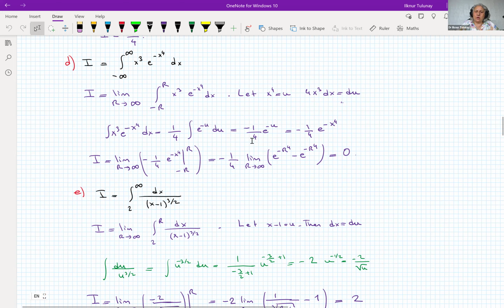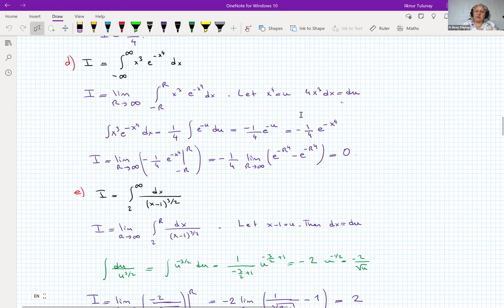I'm just doing it without boundaries, calculating this integral without boundaries first. So I have minus 1 over 4 e to the minus x to the 4. So this is the solution for the integral.